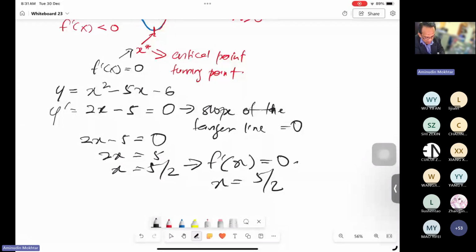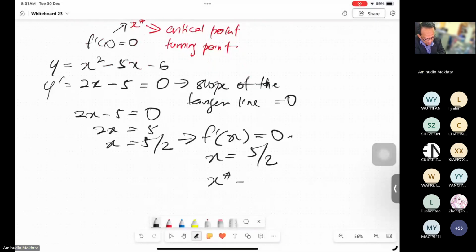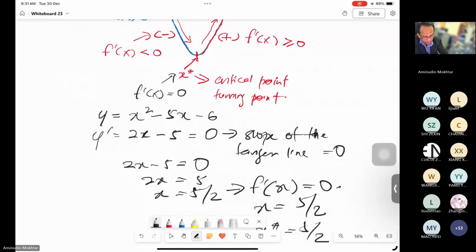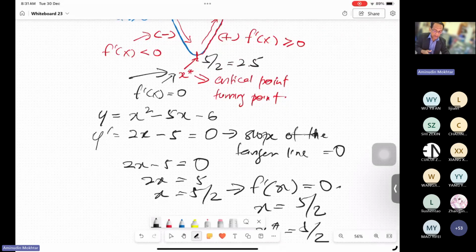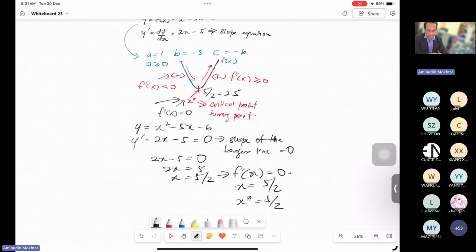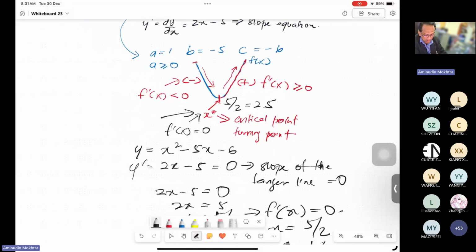This point is also known as a critical point, this is x star, 5 over 2. X star is 2.5. That's the critical point, or the minimum point, the vertex of the quadratic. So in other words, now we can identify, if we choose the value of x less than 2.